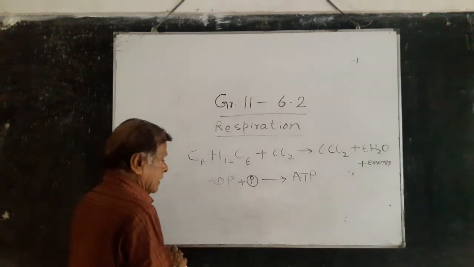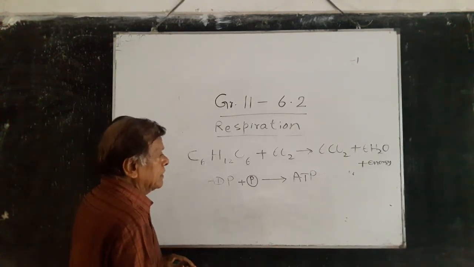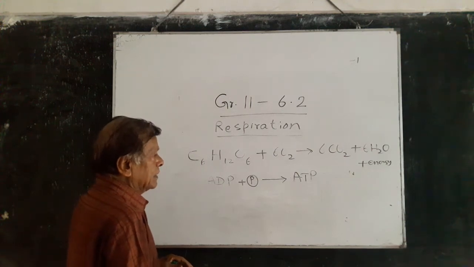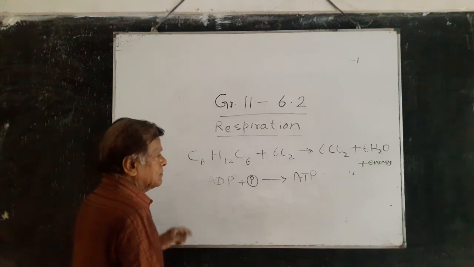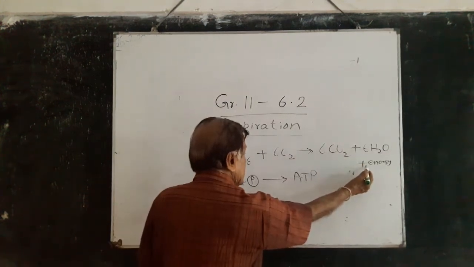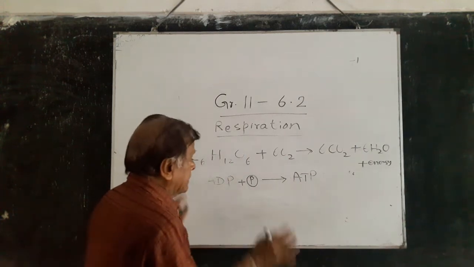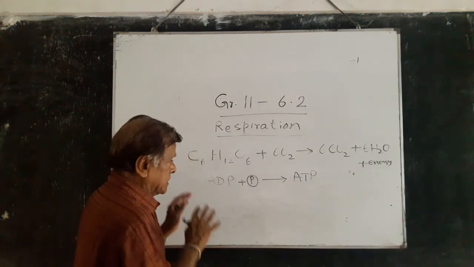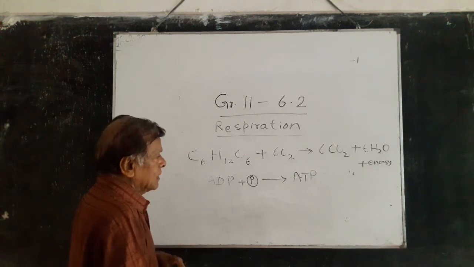ADPs are converted into ATPs by using the energy released from this process. Now, this energy is used up to make ATP. That energy is now found in ATPs.